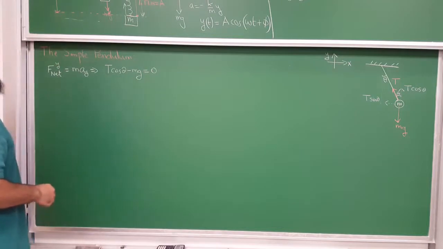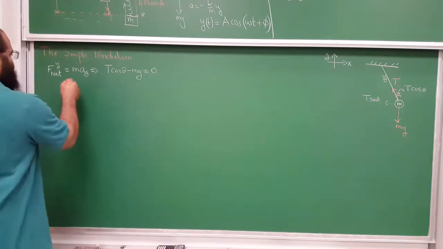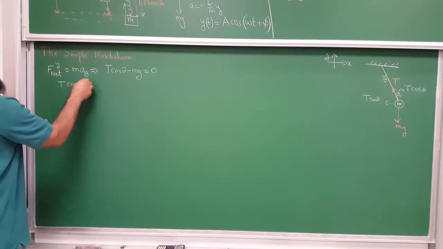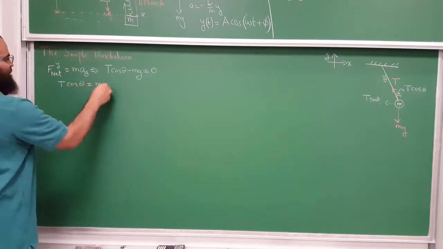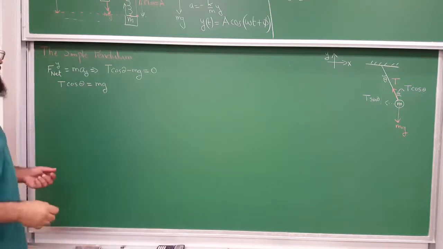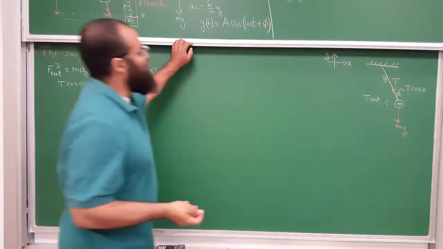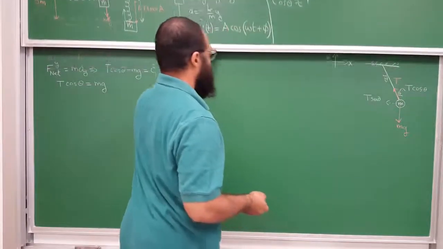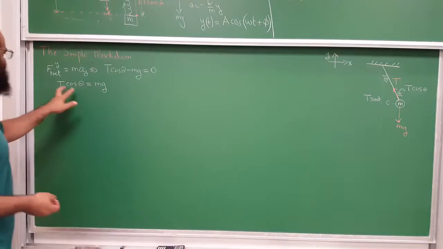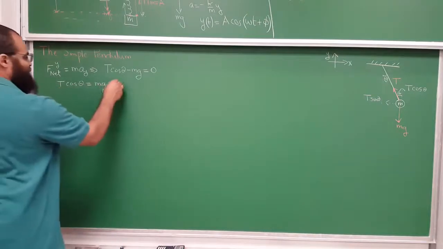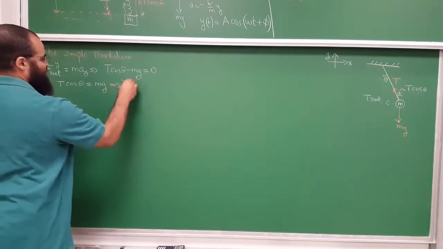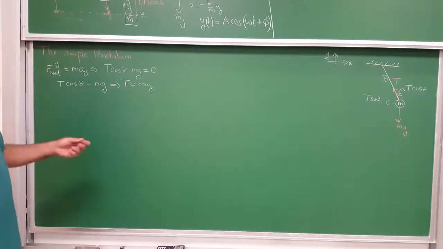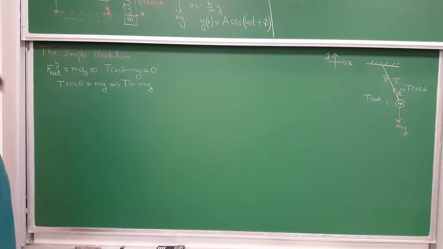Therefore, the tension times the cosine of theta equals mg, and since theta is small, the cosine of theta is basically equal to 1. And if the cosine of theta is 1, it means the tension is basically equal to mg. Not exactly equal, but fairly close.